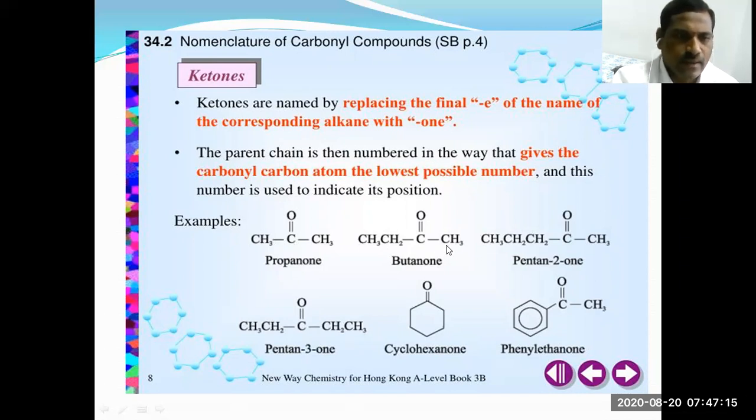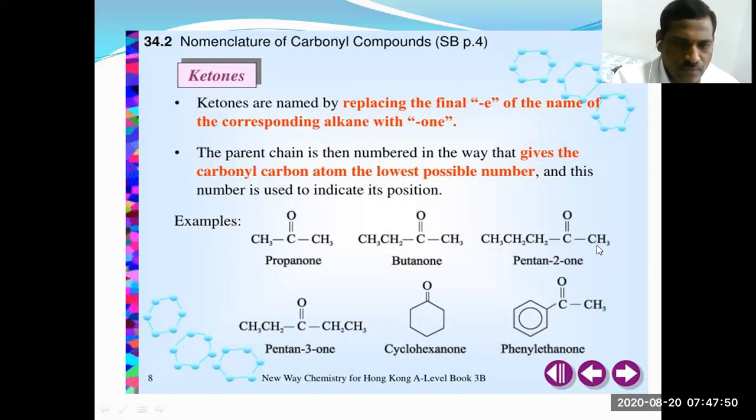Whereas in this case, 4 carbons are present. The hydrocarbon alkane name is butane. Instead of E, one is added as a suffix. The name of this compound is butanone. Similarly, 1, 2, 3, 4, 5 carbons are present in this.